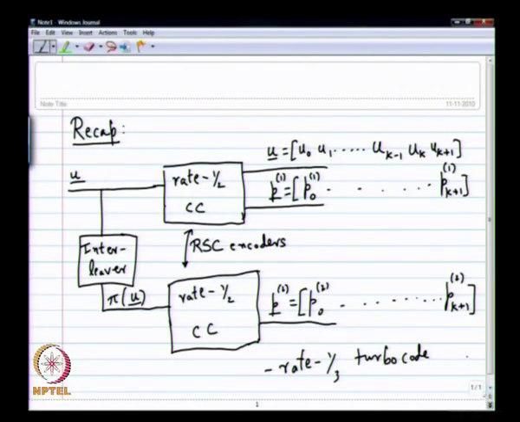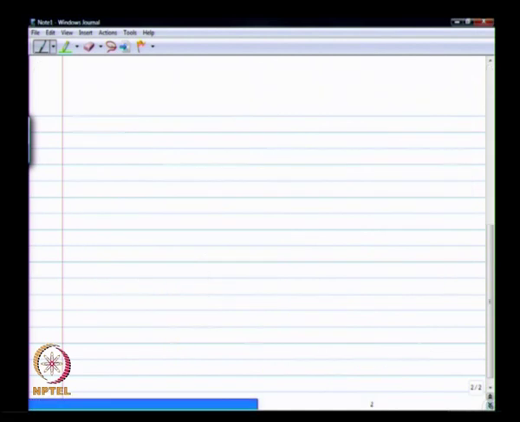So, let's maybe see one more example, maybe from the standards, this time from the 3GPP standard, okay. So, this is something I remember from memory, hopefully I am right, I will not make a mistake here.